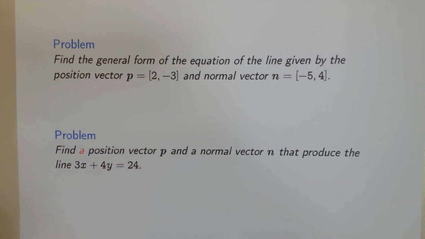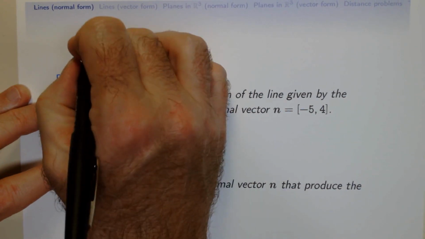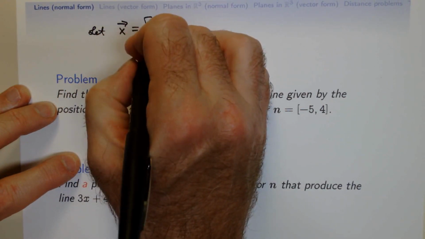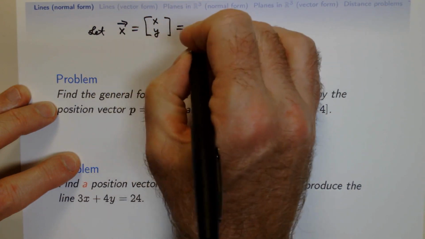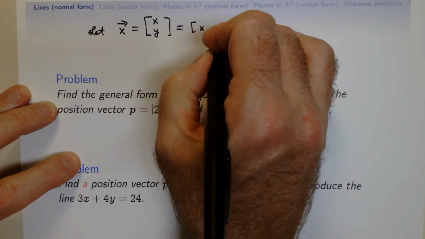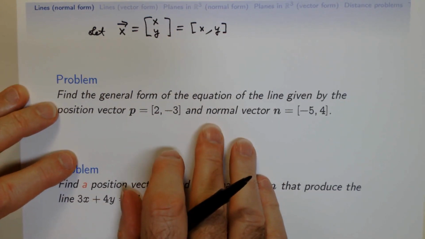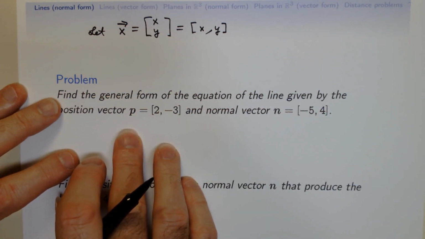Now we're going to let x denote a generic vector in R2. So let's let x stand for the vector with components x and y. So we could write it as a column that way or as a row this way. All right, and the equation for the line from this data is going to be x minus p dotted with n equals 0.